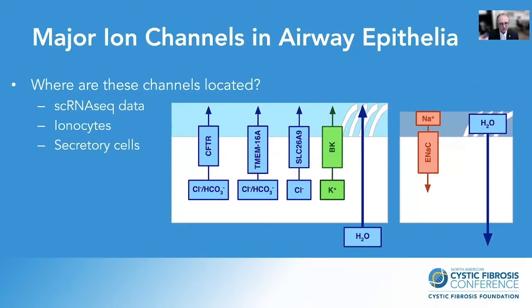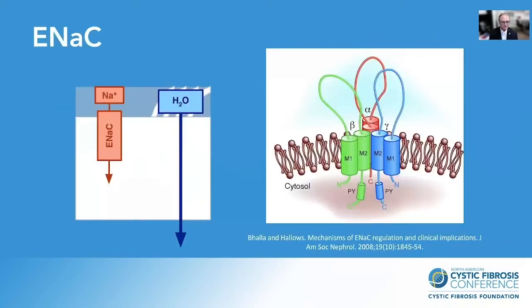There is expression in ionocytes specifically, and some of these channels more in secretory cells than ciliated cells. And I think the judgment of all of this is still going on, and the debate can be at a different conference.